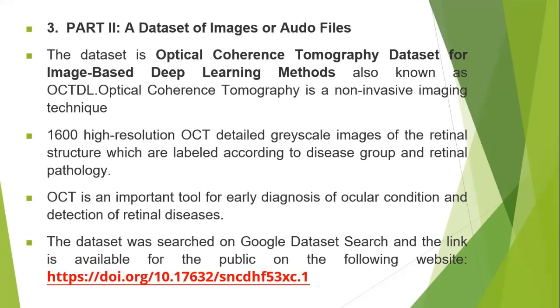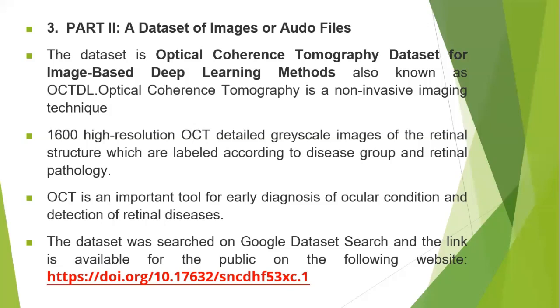In this data set, we have 1,600 high-resolution grayscale images of retinal structure, which are labeled according to disease group and retinal pathology. This OCT is an important tool for early diagnosis of ocular conditions and detection of retinal diseases, and is a very good data set for image recognition.